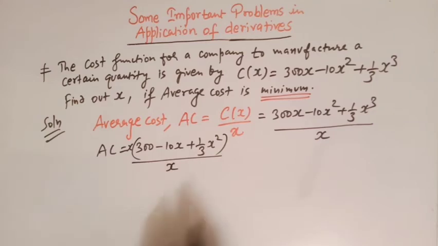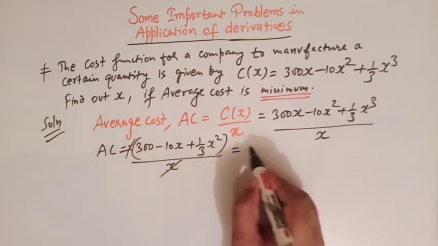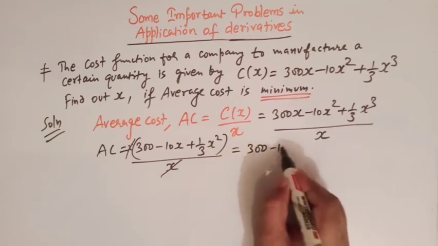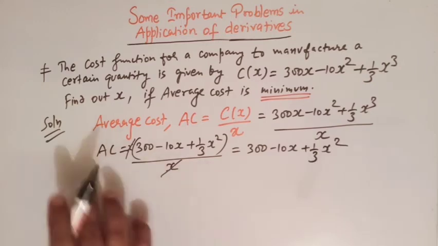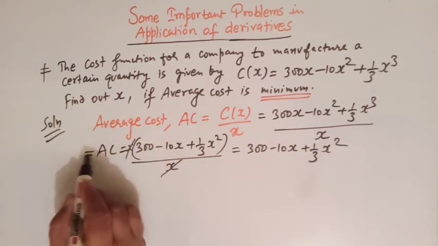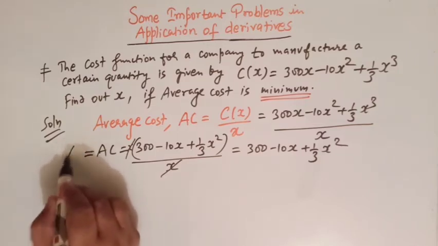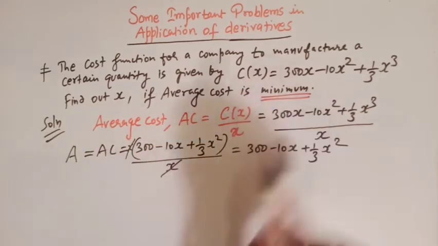See, we can write it like this. So we have 300 minus 10x plus 1 over 3 x square. So now this is the average cost. So let us denote this average cost by say A, right?